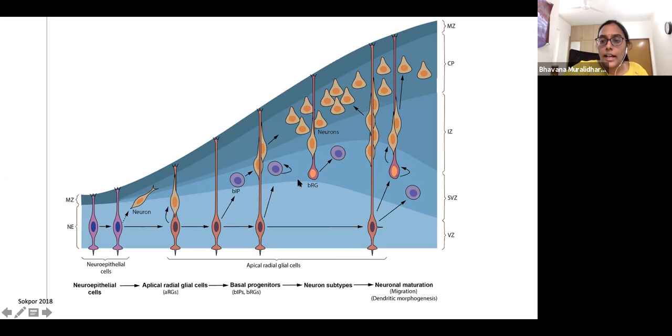But I think somebody asked the question, why is it that this migration only happens in this zone? This is the ventricular zone, or the zone where your apical radial glia exist, and the zone beyond this is now the intermediate zone.